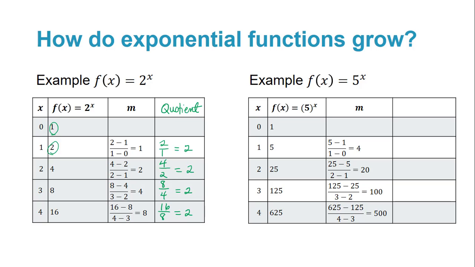So for an exponential function, the ratio of the y values is actually constant. That should be evident, because when we say 2^x, we're really talking about x copies of 2. 2^1 is just 2, 2 squared is 2 times 2. So we have a constant multiplier as we increase our input value.